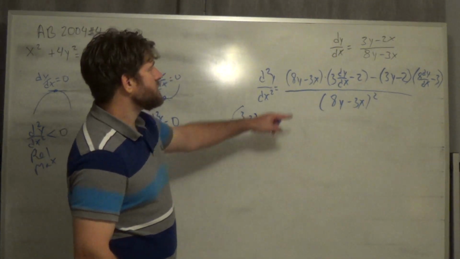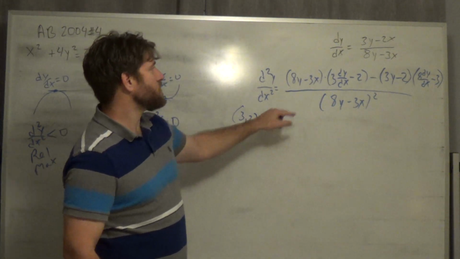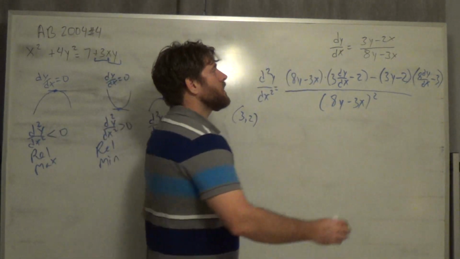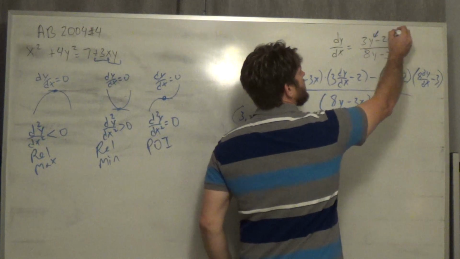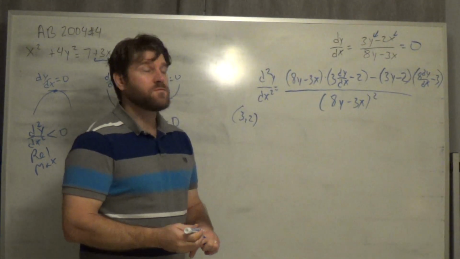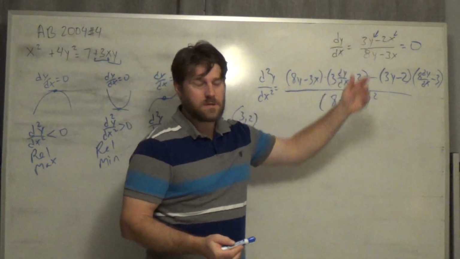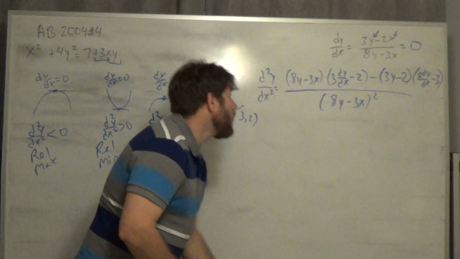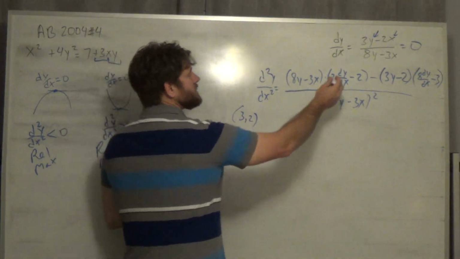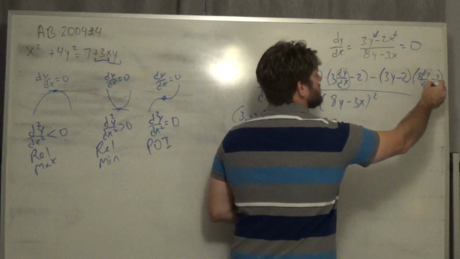But what's going to help us is this: we already know what happens when we plug a 3 and a 2 into this. If you plug in 3 for x and 2 for y, you're going to get a 0. How did we get the 3 and the 2 in the first place? We set this equal to 0. So when I get to this point, those are both going to become zeros.